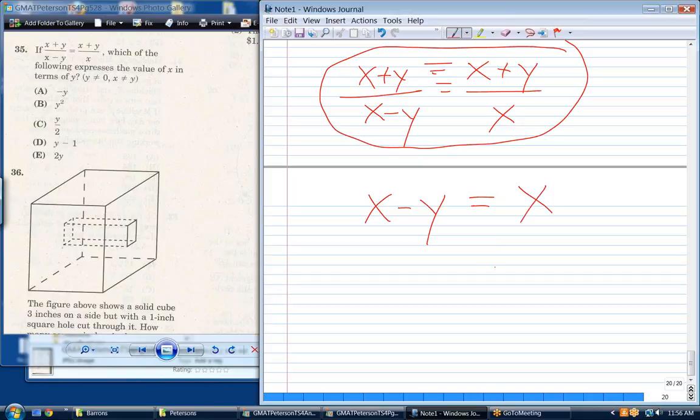So now how do we solve for x in terms of y? So y would be equal to x plus x. Oh, you want the other way around. I'm confused because I get y equals 0 now. If I subtract x from both sides, I get minus y equals 0.